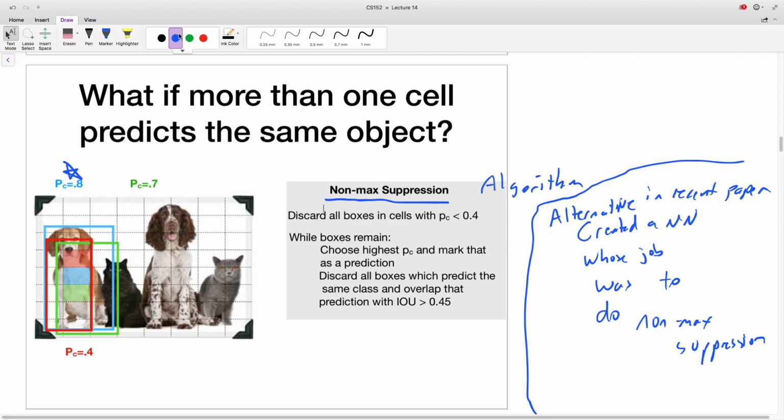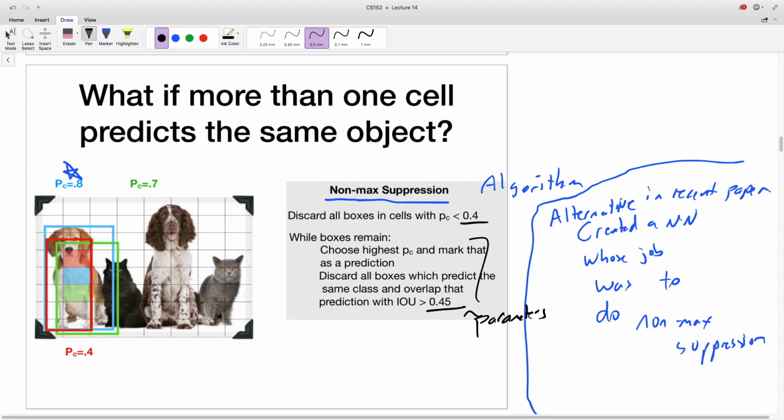And then we look for all overlapping boxes, where overlap means a certain amount of overlap, that predict the same class. Because it is possible you have two objects, one on another, and you really want to show both of them, even though they have a high overlap. So it's important that they predict the same class. If they overlap with, let's say, 0.45, and this 0.4, they are parameters, which you might tune.